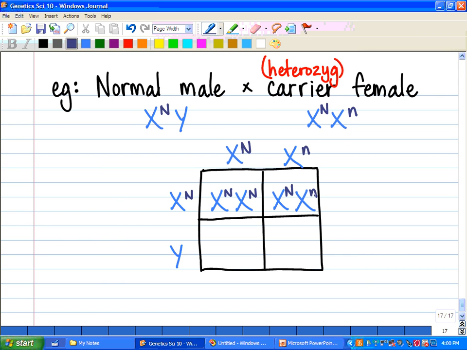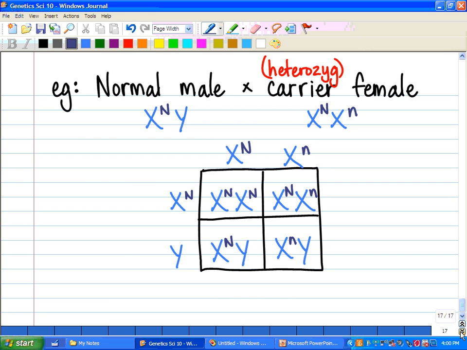They have normal vision, but they carry the allele that leads to color blindness. If you look at the bottom, we have XY, and we dropped the normal vision allele onto this one, X with a capital N. And then in the bottom right, we have another XY, but this X is the lowercase n. So that's going to be a colorblind male.